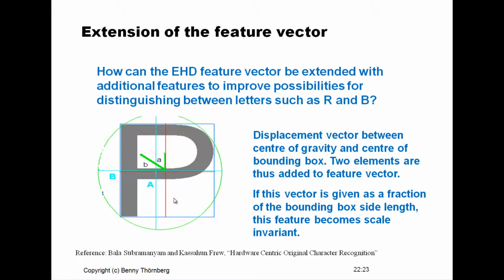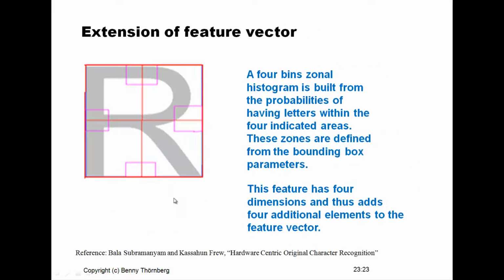The next one my students made experiment on is a zonal histogram. Then again, based on the definition of the bounding box, the smallest box that encloses the image component, and within this bounding box we define 4 of these zones, these areas, and we compute, based on a training set, the probability of having a pixel residing within these zones.